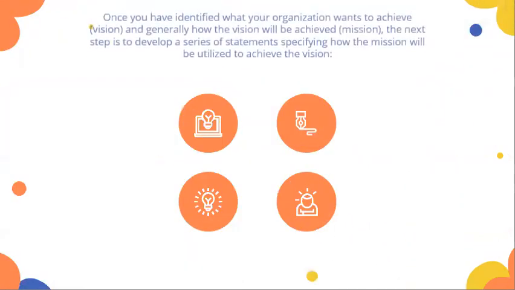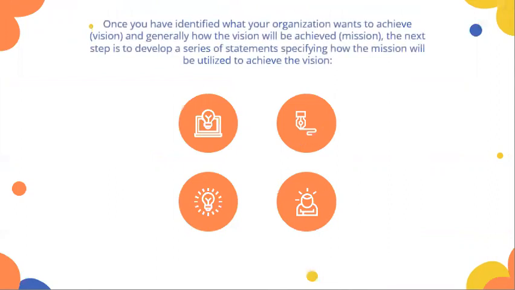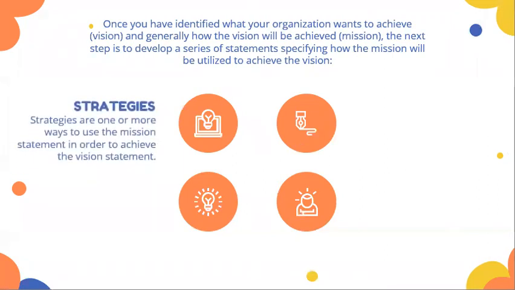So once you have identified what your organization wants to achieve, which is the vision, and generally how the vision will be achieved, it's the mission, the next step is to develop a series of statements specifying how the mission will be utilized to achieve the vision. So we have the strategies.